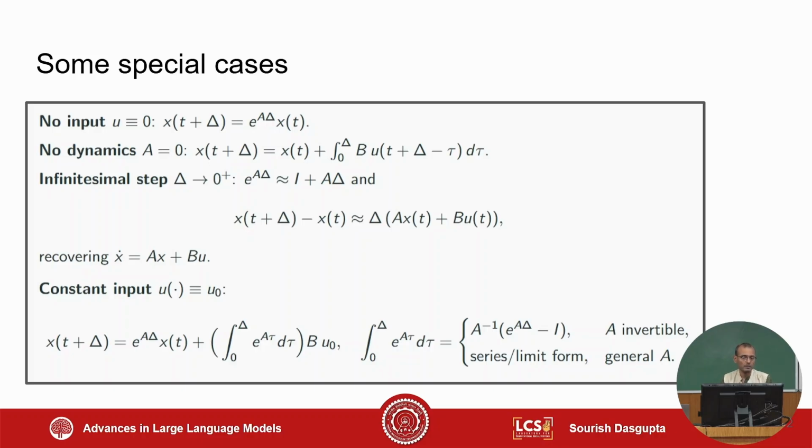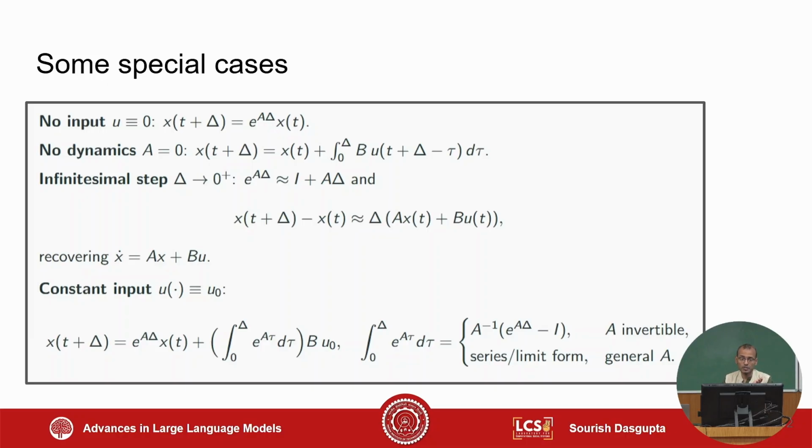So x of t plus delta is just whatever drift is happening. The drift is a function of e raised to a delta times x of t, so it's an exponential drift. It can be a decay, an increase, or an oscillation, depending upon the nature of a, the matrix A. But it's basically an exponential drift of your thought if no further input comes in, right?